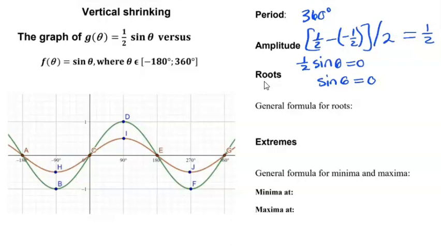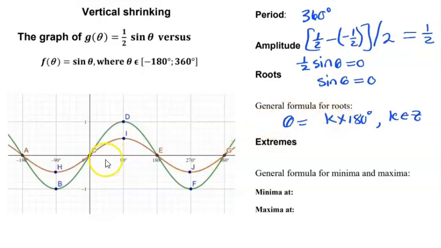If I look now at the graph, I see the roots will be minus 180, 0, 180 and 360 degrees. So in general, we can write down theta is equal to k times 180 degrees, where k is an element of Z, and you can test again by substituting values for k.